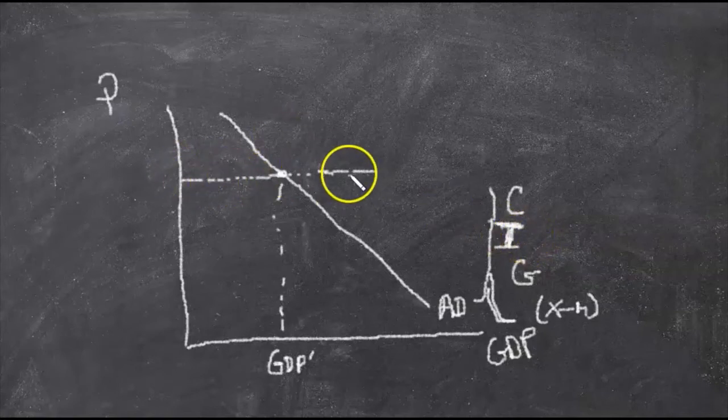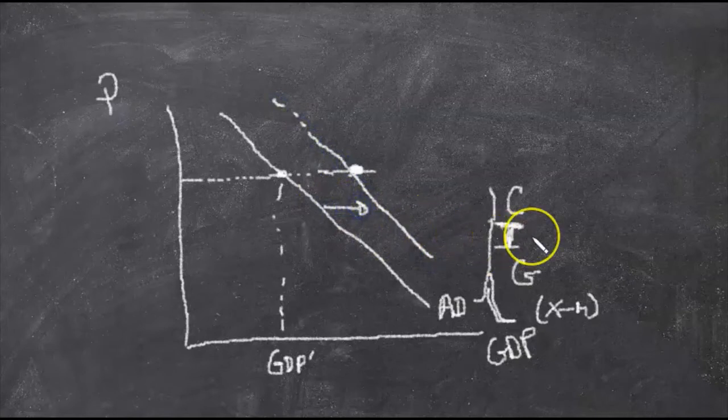I haven't changed the price, but they're going to say, I want to invest more. And so we see a shift in demand because investment goes up. Maybe consumption doesn't change or government spending doesn't change, but investment goes up.